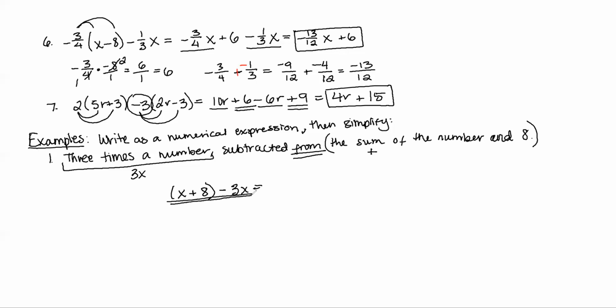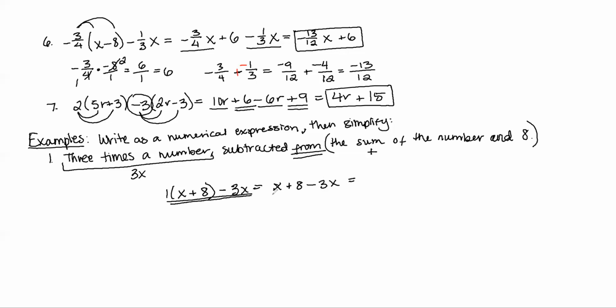We just want to go ahead and simplify. Looks a little weird to simplify this one because of these parentheses in front, there's technically a 1 here, but multiplying by 1 isn't going to change this. So these parentheses aren't actually needed. So first thing I'm going to do is just get rid of them. x plus 8 minus 3x.